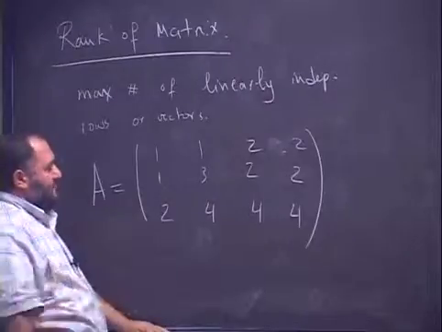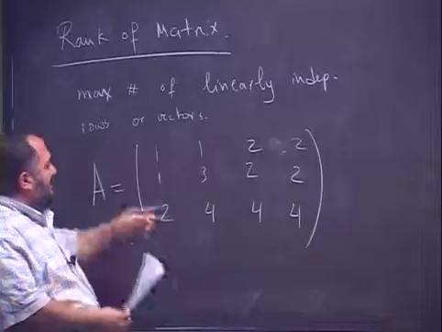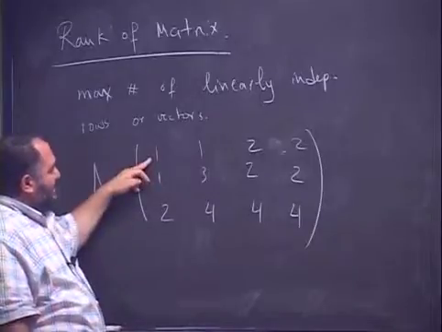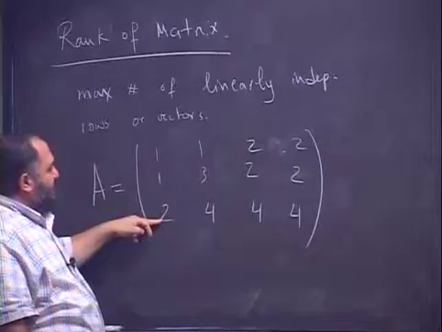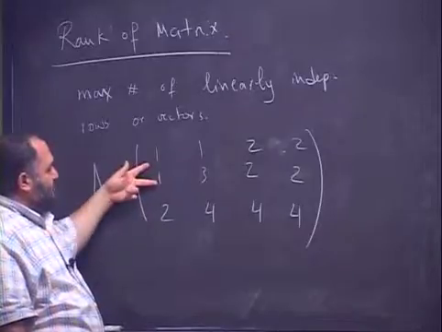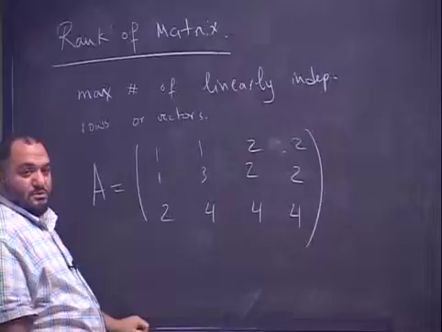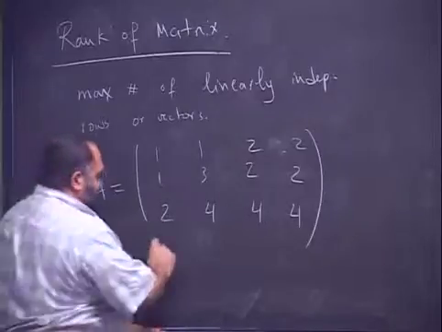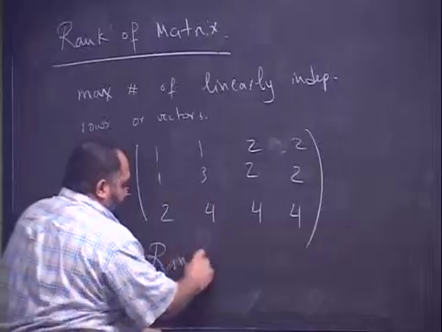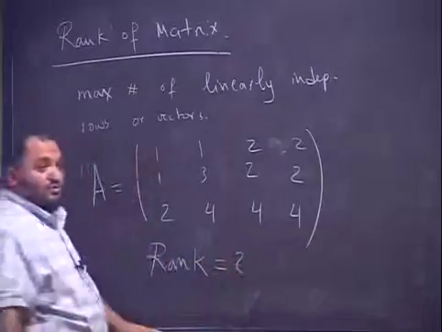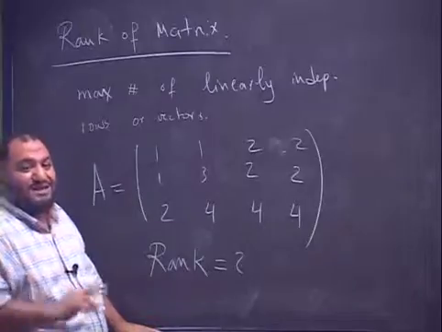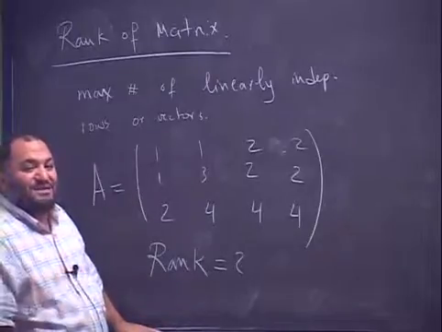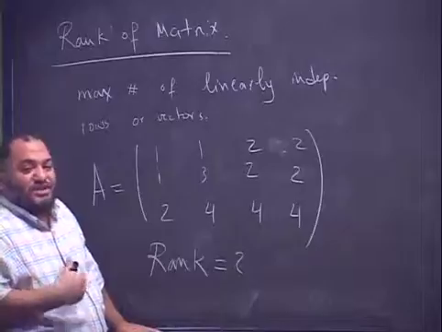Look at the rows of the matrix. This row is different from this row, but this row is the summation of those two rows. So in this case, the rank is equal to 2. What does it mean linearly independent? You cannot find a relation.